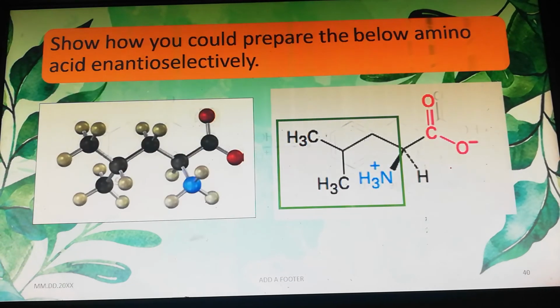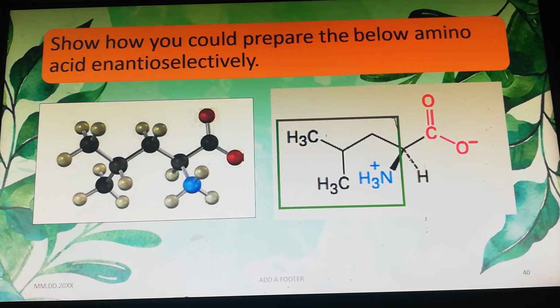Now, let's show how we could prepare this amino acid, leucine, enantioselectively. Let us first identify the side chain.